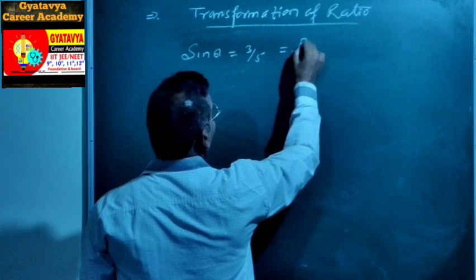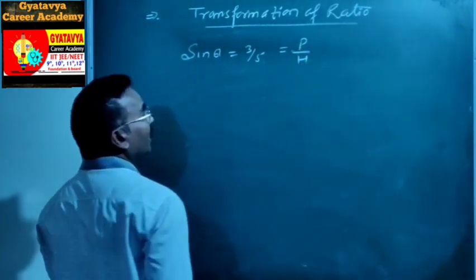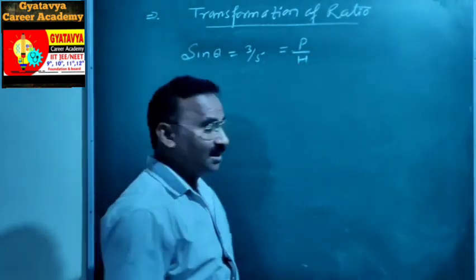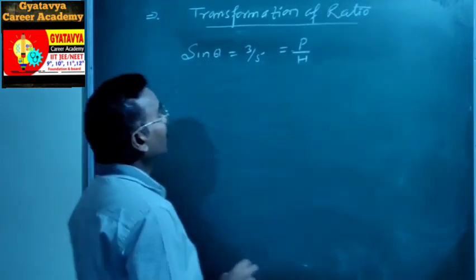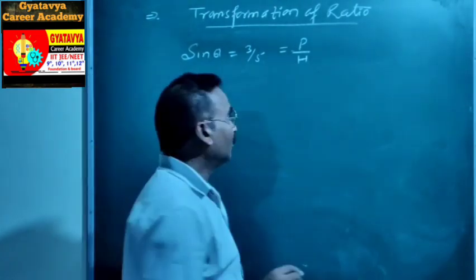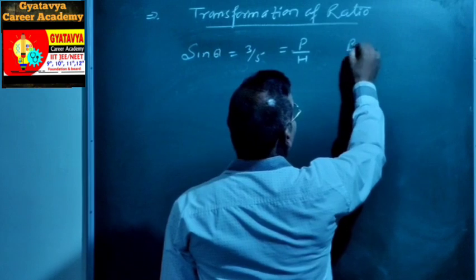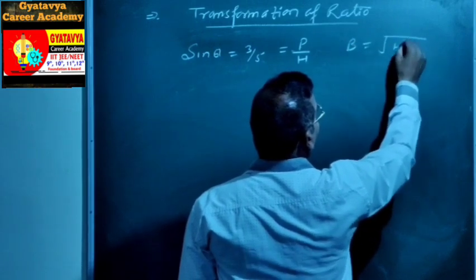Let this be the perpendicular upon hypotenuse. Now we need the base. So the base can be found by using PDT. The base will be root of h square minus p square.